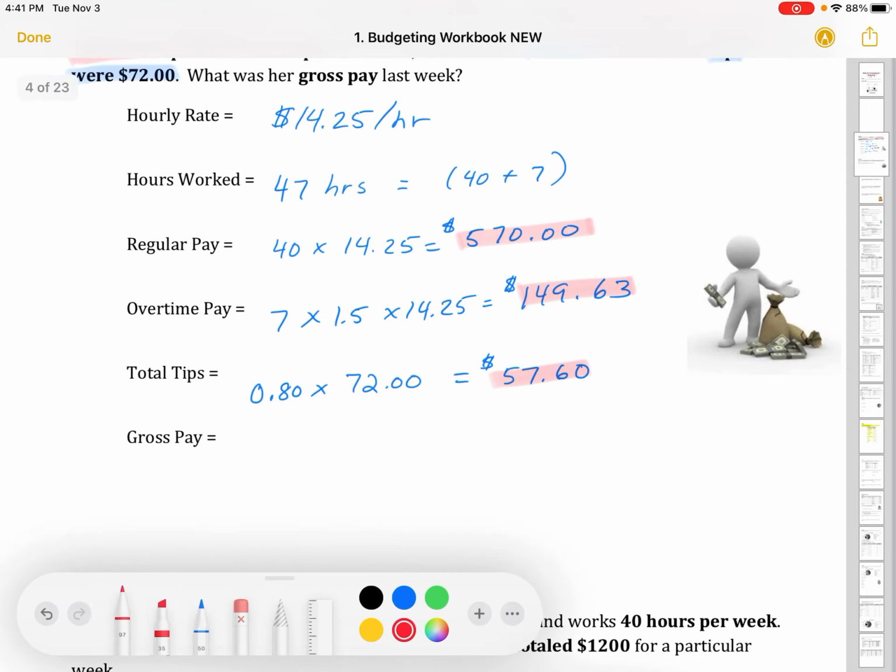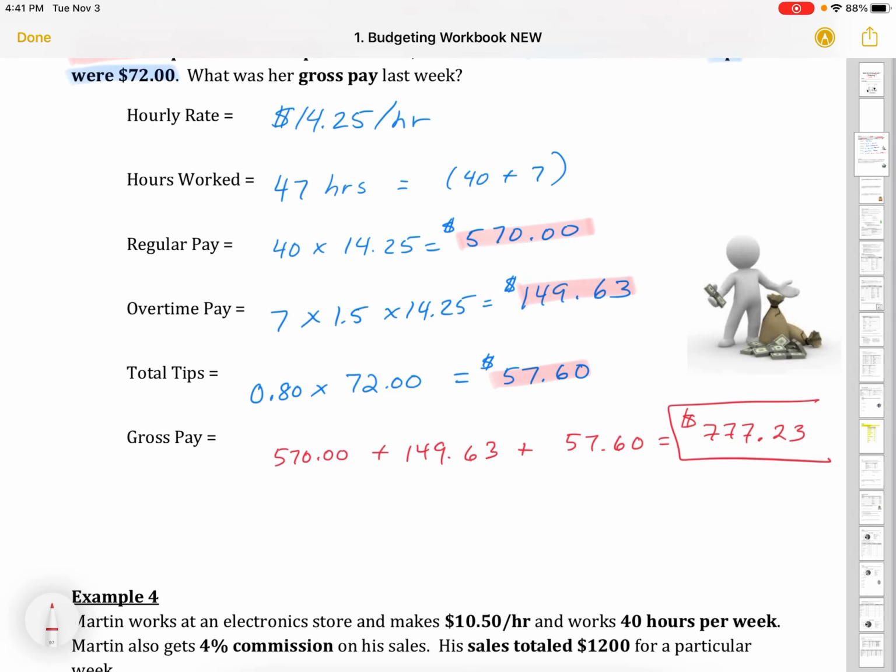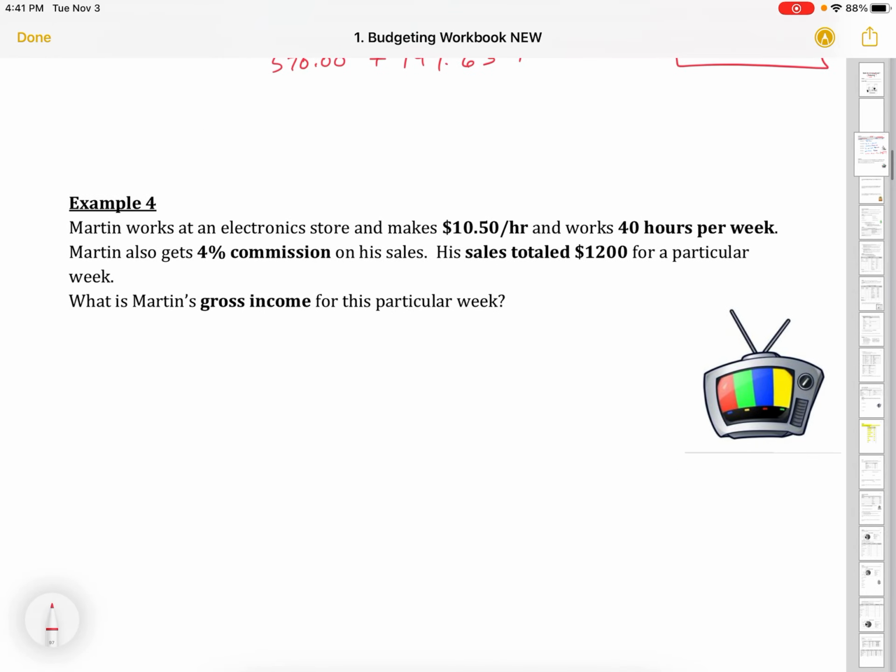So her gross pay will be $570 plus $149.63 plus $57.60. We add those up, and we get $777.23.